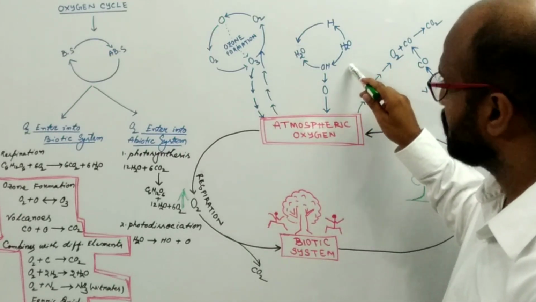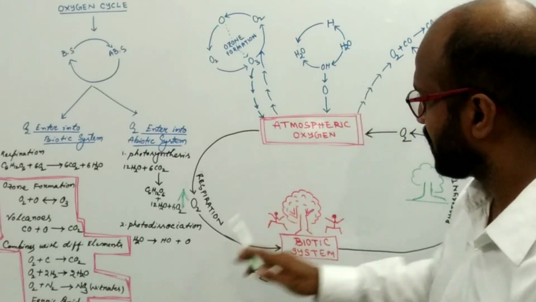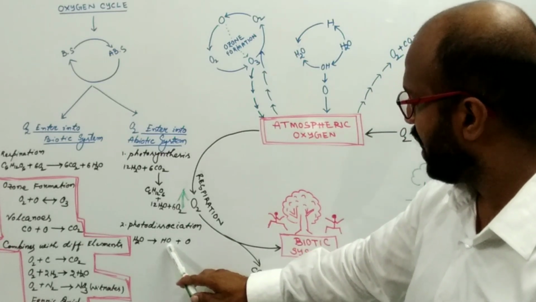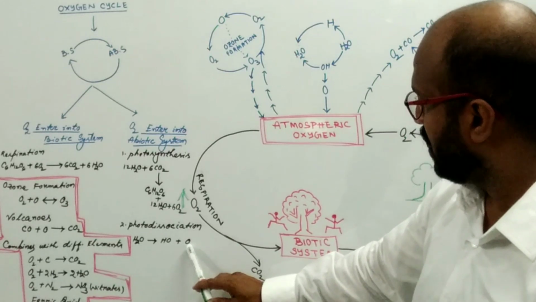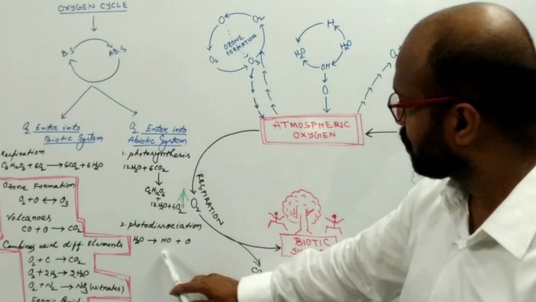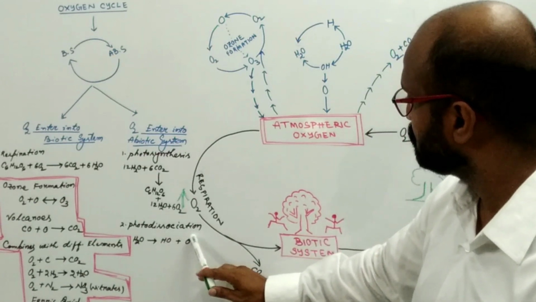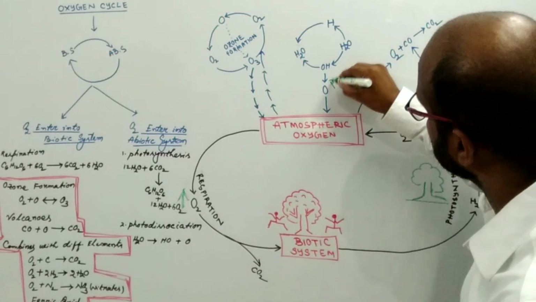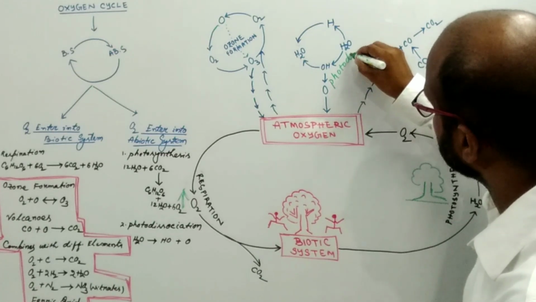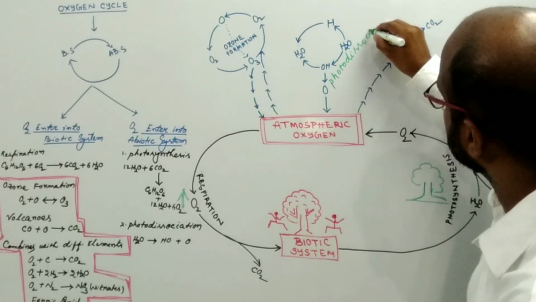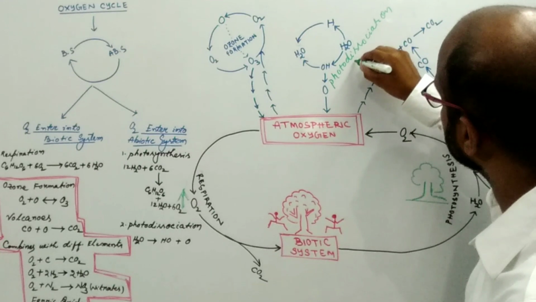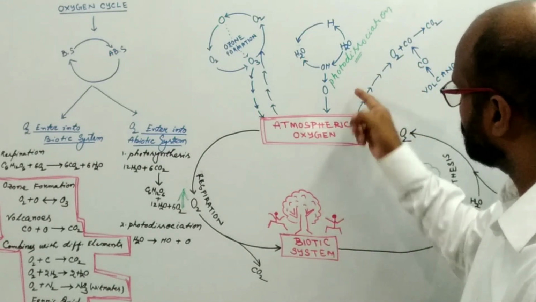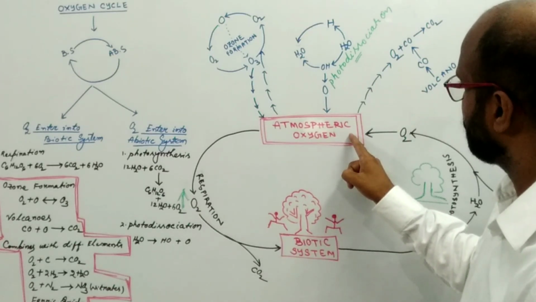And the dissociation of water molecule, H2O, dissociates into HO, hydroxy ion, and O, nascent oxygen, and this process is known as photodissociation. So by the process of photodissociation, oxygen enters the atmospheric oxygen.